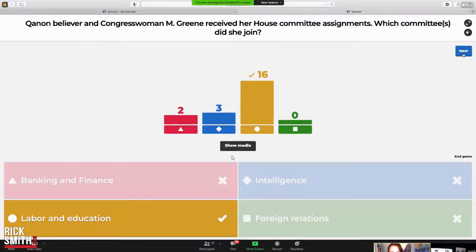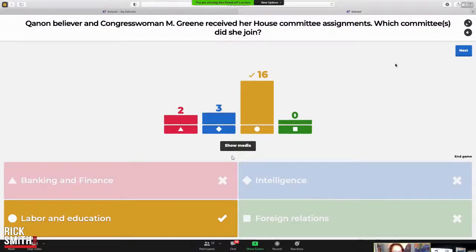All right. A lot of people got it right. Sadly, you are right: labor and education. What I've got to tell you, I think this speaks volumes to what the Republican Party thinks of labor and education. To put her on those two committees, someone who believes that all of the shootings were hoaxes and the shooting up in Sandy Hook was a false flag, and just the insanity that's come out of her mouth.